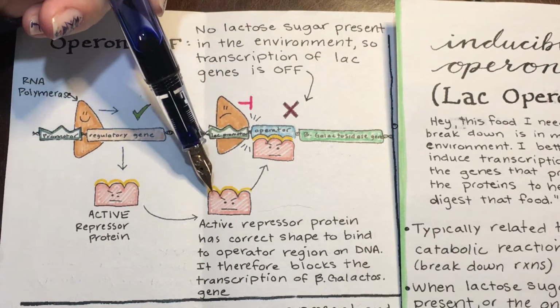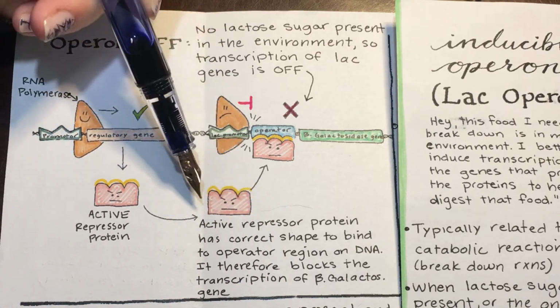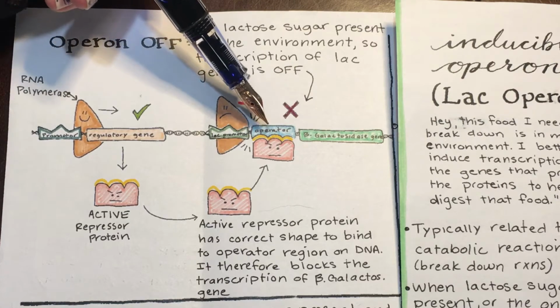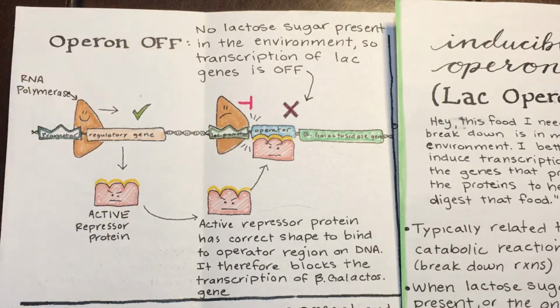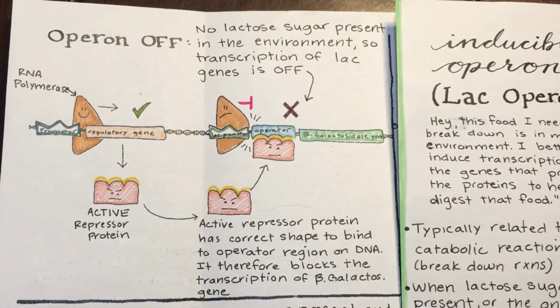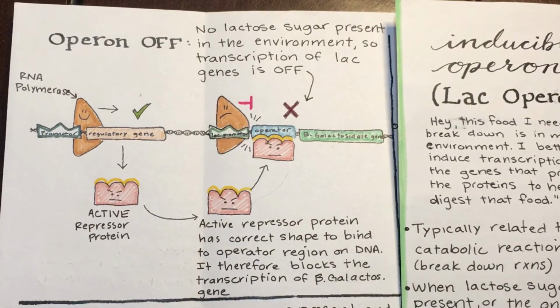If the repressor protein is in its active form and can bind to the operator, RNA polymerase gets blocked. It's not able to continue smoothly along the DNA chain to transcribe this gene. So we don't get transcription of the beta-galactosidase enzyme, which would be breaking down lactose. There is no lactose present. We don't need that gene. So this is a way to turn transcription off.